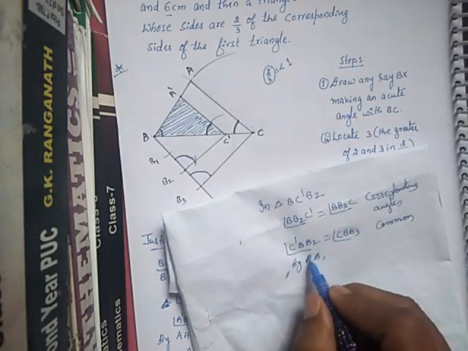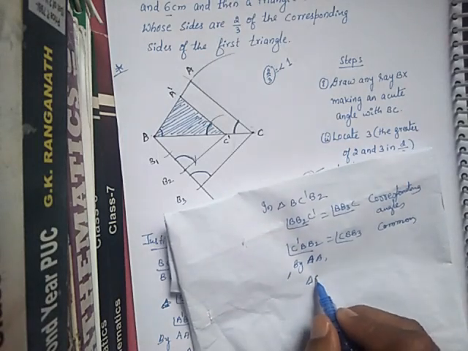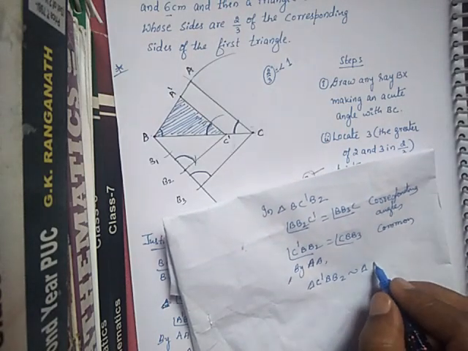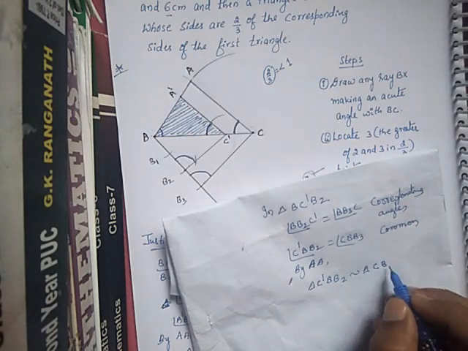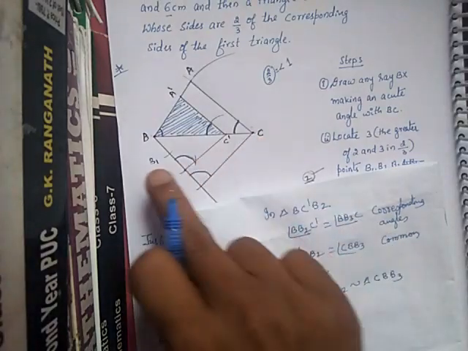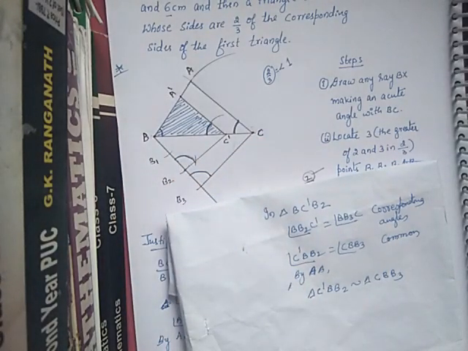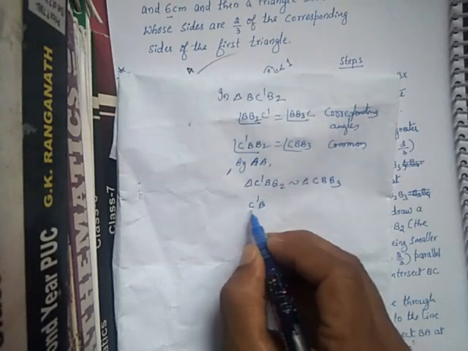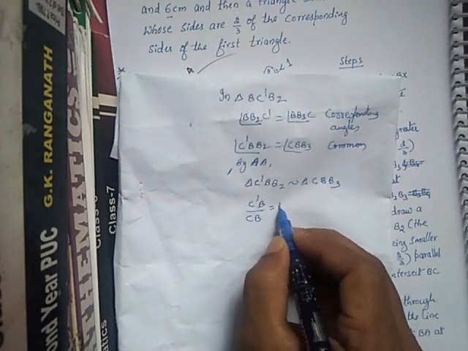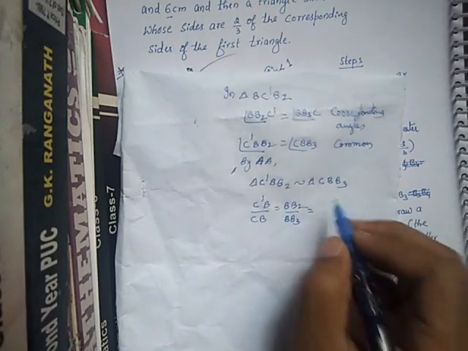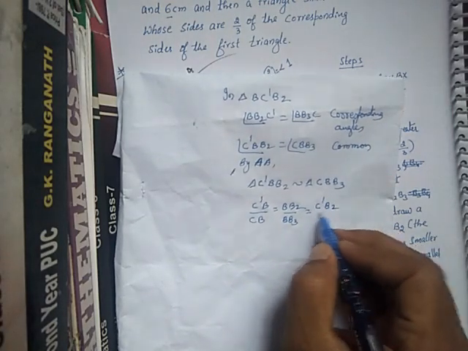So by AA rule, you can say that triangle C dash BB2 is similar to triangle CBB3. After this, very important is C dash B divided by CB, which is equal to BB2 divided by BB3, which is equal to C dash B2 divided by CB3.